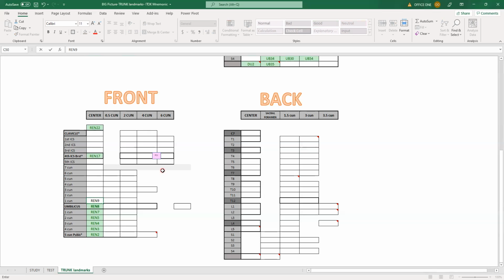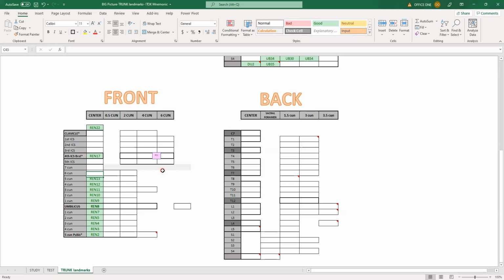REN 9, REN 10, REN 11, REN 12, and you see the only way that this is turning green is because I'm putting the correct numbers. If I put here, let's say, REN 23, look what happened. It doesn't turn green. So we need to turn the cell green by putting the correct number.